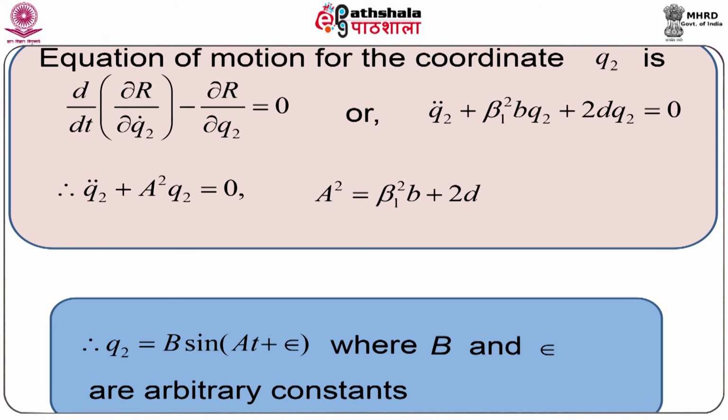That is, q2 double dot plus beta 1 square into b into q2 plus 2 into d into q2 equal to 0, which gives q2 double dot plus capital S square into q2 equal to 0, where capital S square equals beta 1 square into b plus 2d, which is nothing but a constant.